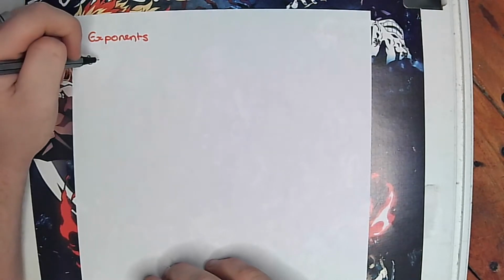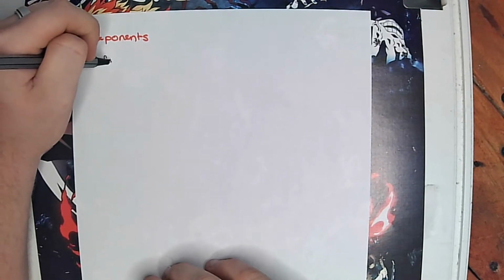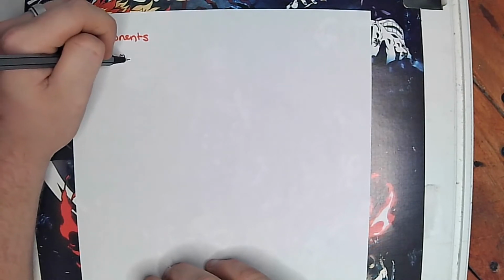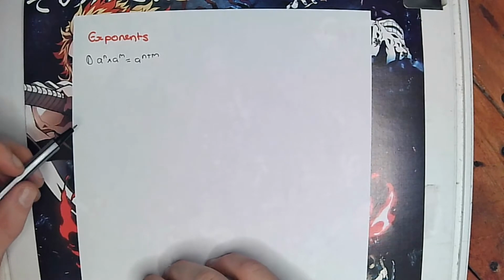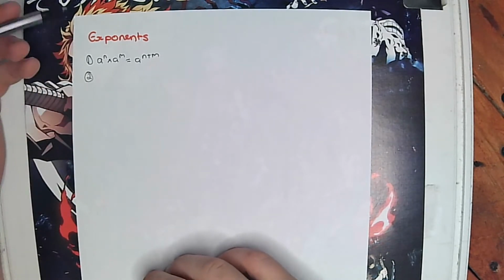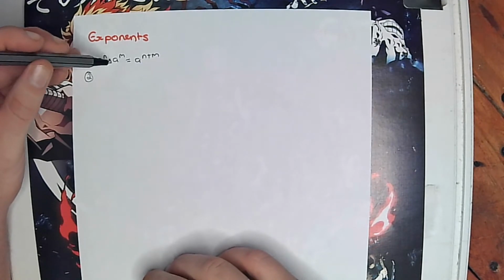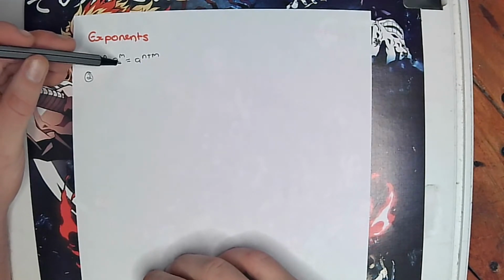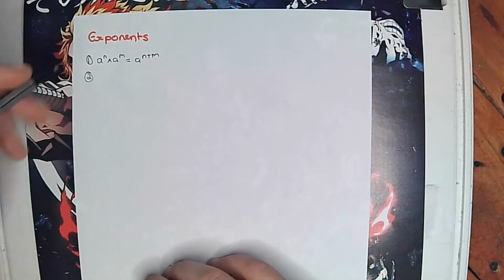First, let's go over a^n times a^m is equal to a^(n+m). All this basically says is that if you have a base raised to an exponent multiplied by that same base raised to an exponent, you can add the exponents.